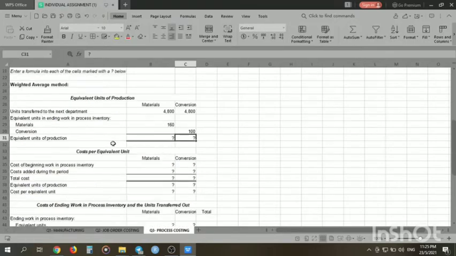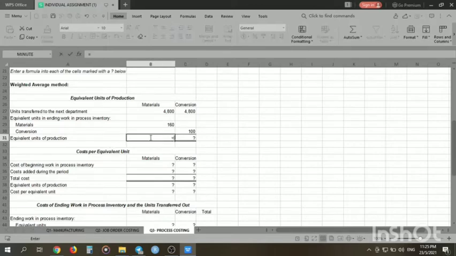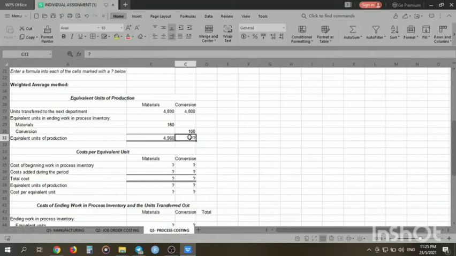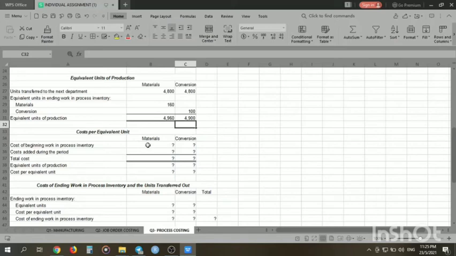For equivalent units of production, we just added the units transferred and equivalent units. So we got 4,960 for materials and conversion 4,900.